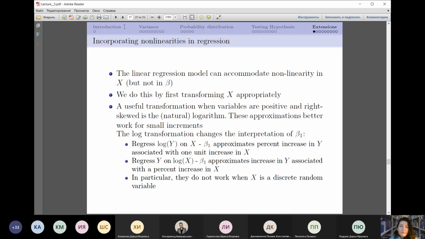But also, previous time during these seminars, you discussed that sometimes we want to incorporate non-linearities in our regression. Sometimes we need to do this when, for example, we want to transform our distribution, and we can use log transformation.